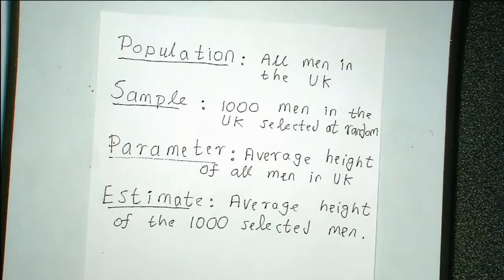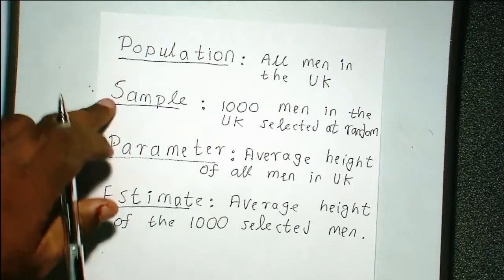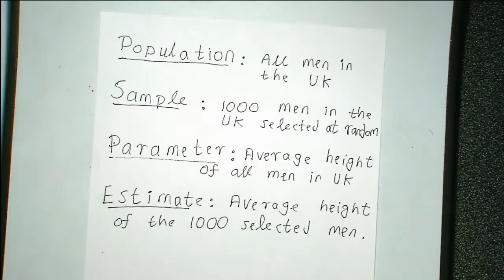Which is manageable. So it's not a lot of hard work to measure the heights of 1,000 men, and you can take the average of it as the estimate. So these are the 4 terms that you need to master in order to do statistics, right?